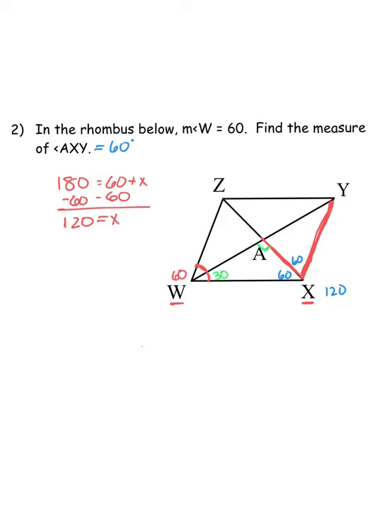If you wanted to do 180, because I have a little triangle down there, minus 90 minus 30, I'd be left with 60 for this angle here. And then you can say you know that these two angles are equal because the diagonals cut a rhombus. Some of you might have seen that you have a little right triangle on the bottom there. Either way is fine.